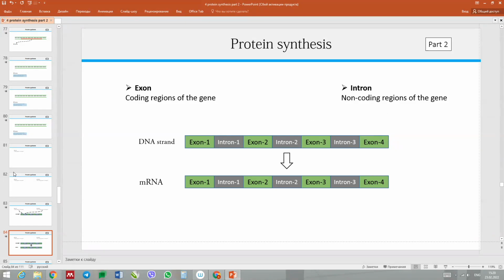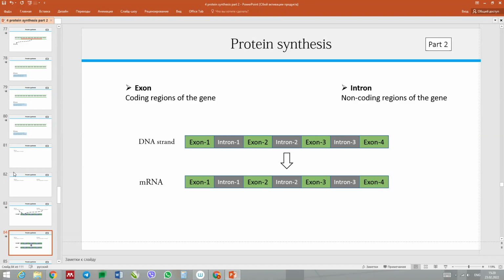So first of all, when we perform transcription of messenger RNA, we transcribe exons and introns. And our messenger RNA at this particular time point, immediately after transcription, is actually not ready to be used for protein synthesis because this messenger RNA has these introns.